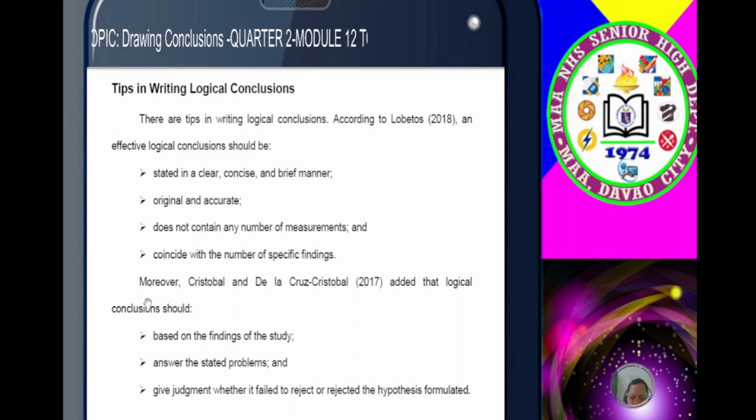I will give an example later based on a research paper. Next, it should coincide with the number of specific findings. If you have 5 findings, you must also have 5 conclusions. Another, the conclusion should be based on the findings of the study.